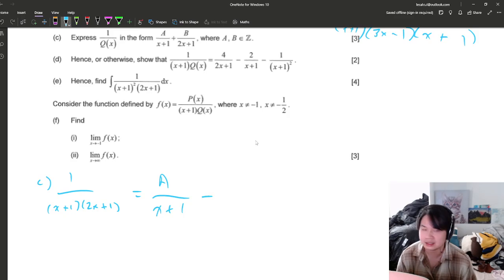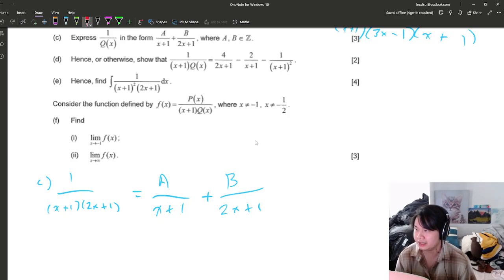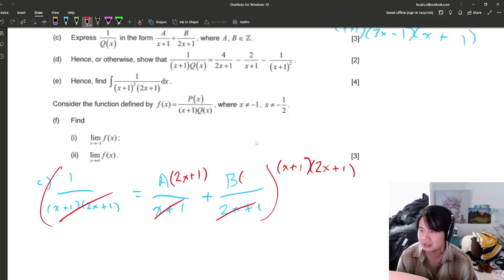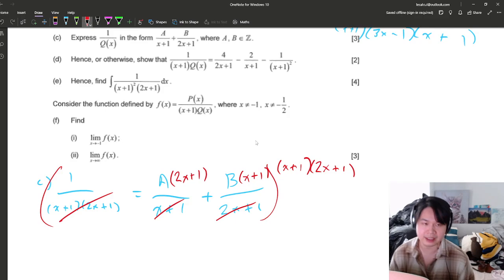It will look like this, as they said. Okay, and then we're going to multiply everything by the lowest common denominator, which is, of course, just the two factors. So this will cancel out here. This will cancel out this one and leave you with a multiplication of 2x plus 1 in the numerator. It'll cancel out this one, and you would have to multiply in an x plus 1 with b.